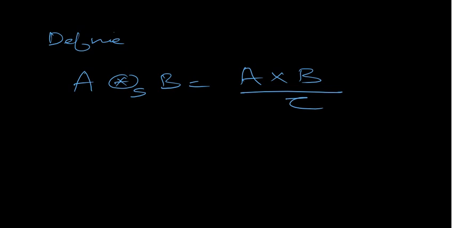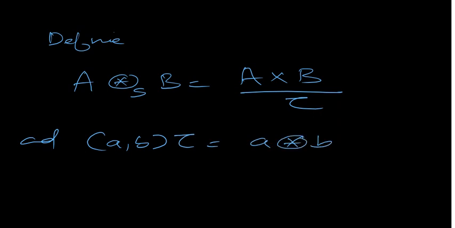And the tau class of any pair (a,b) will be denoted by a tensor b. That means a tensor b belongs to this set A tensor B over S, which is equal to A cross B over tau. So this notation is called the tensor. It's a set of equivalence classes, and each equivalence class of any pair will be denoted by a tensor b.